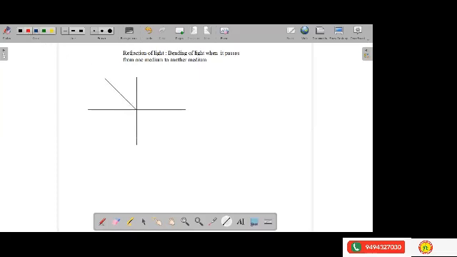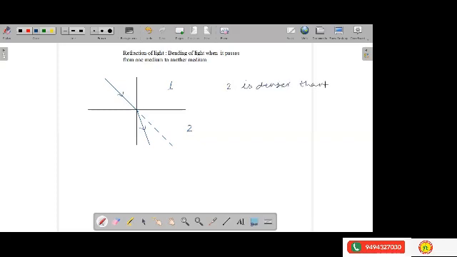This incident ray is supposed to travel in a straight line, but due to the presence of another medium, it bends. Due to refraction of light, this ray bends towards the normal. If you have medium 1 and medium 2, and the light bends towards the normal, we say that medium 2 is denser than medium 1.